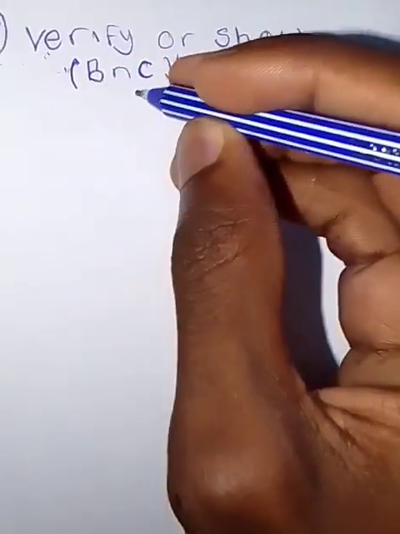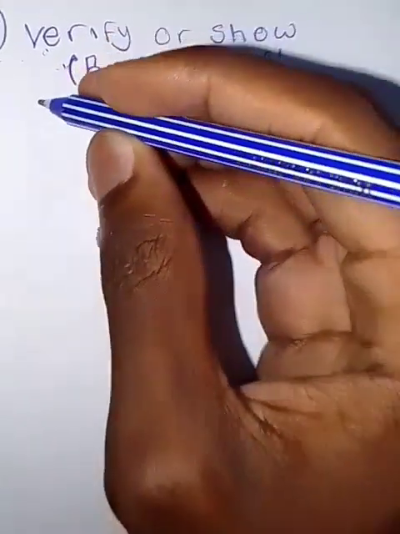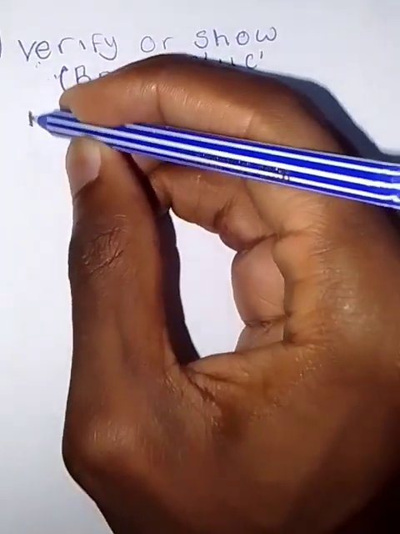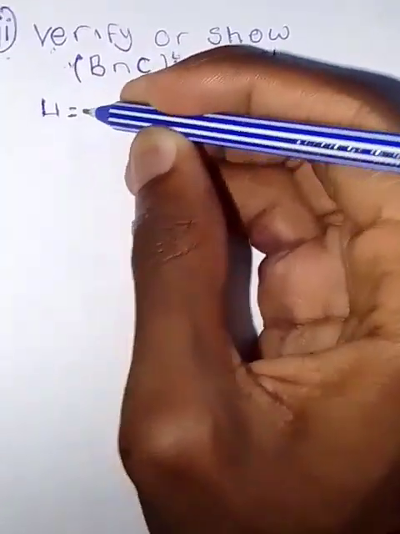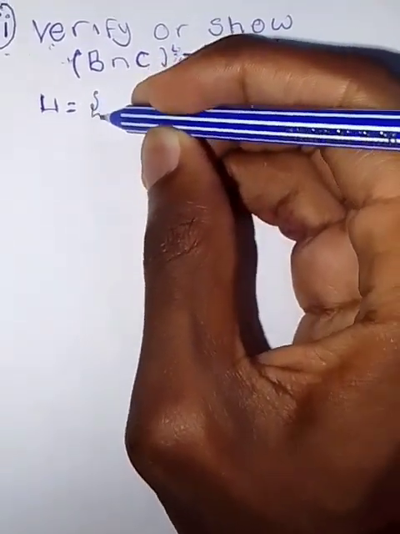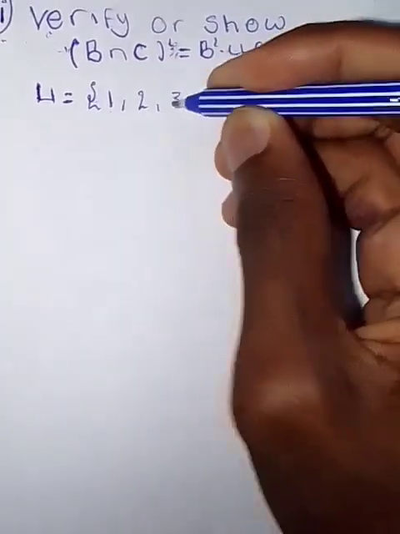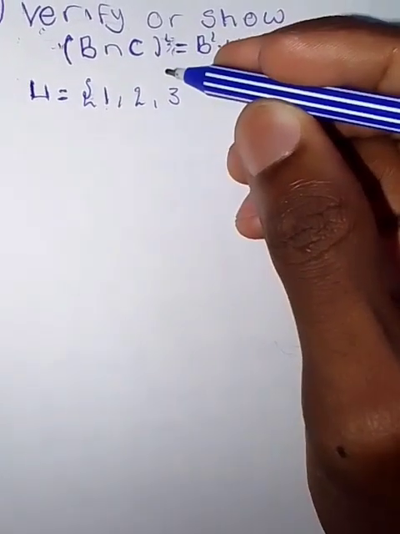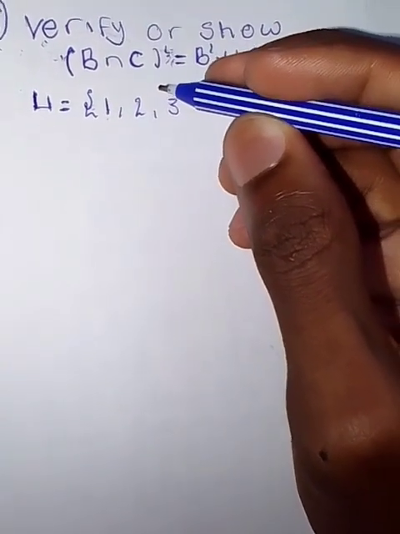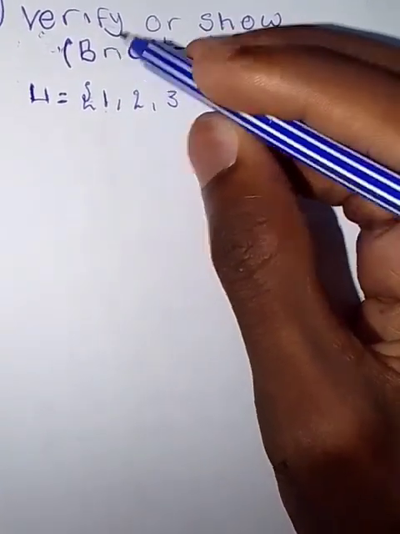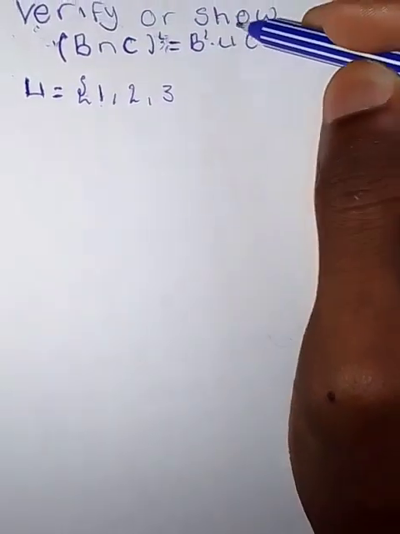Okay, so let's begin. First of all, we're going to assume we have a universal set, which has natural numbers starting from 1, 2, 3. Right now we are verifying. If we are told to show, you just have to do one thing. It's either you verify or just show.